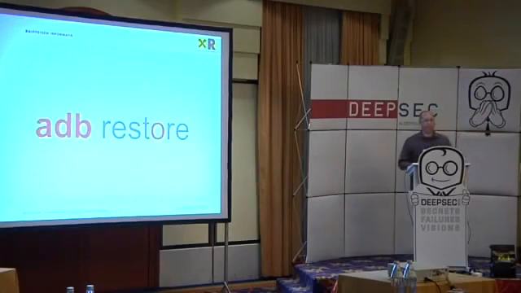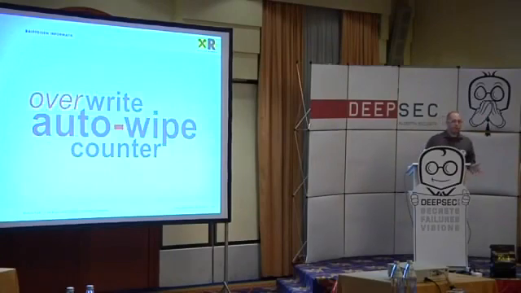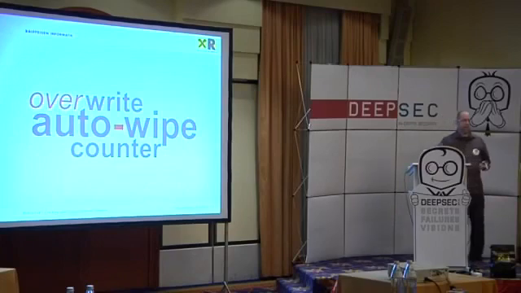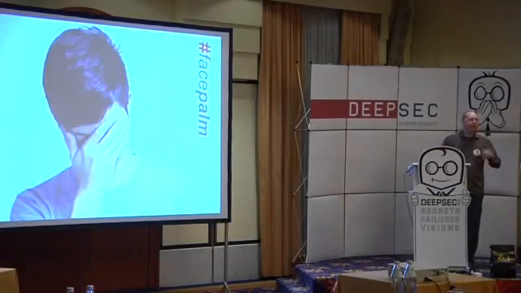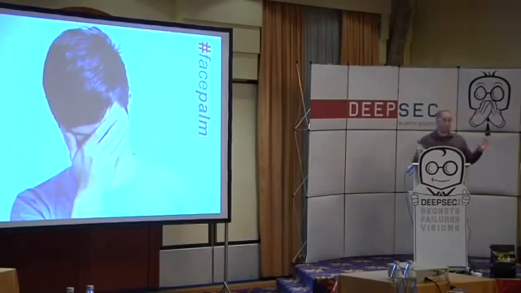So the second theory was, okay, we can do ADB restore. We can do a backup. So if we overwrite the entire container, surely that would do the same thing. Okay? So we can't affect the counter, but we can overwrite the counter. So we can simply back up the entire data from the device itself. Try 9 times until it flips and says, if you try one more, I'm going to delete myself.